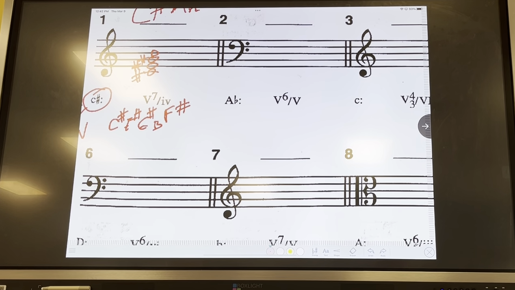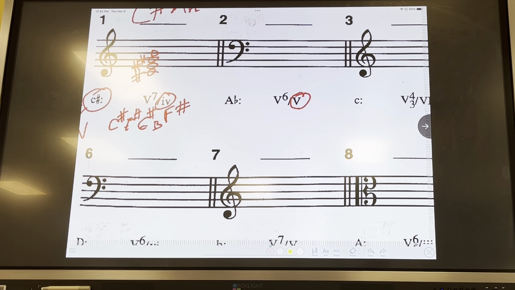In this exercise, it tells you whether it's minor or major. I'm talking about how we just wrote out those things, what it would be in the regular, original key. Is it altered to minor from major, or major from minor, or altered in a different way?